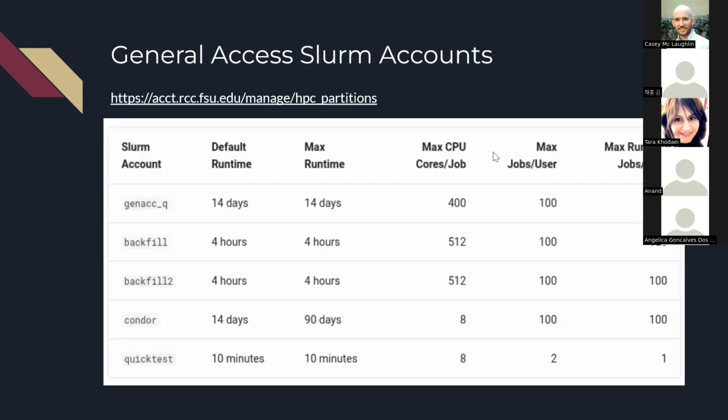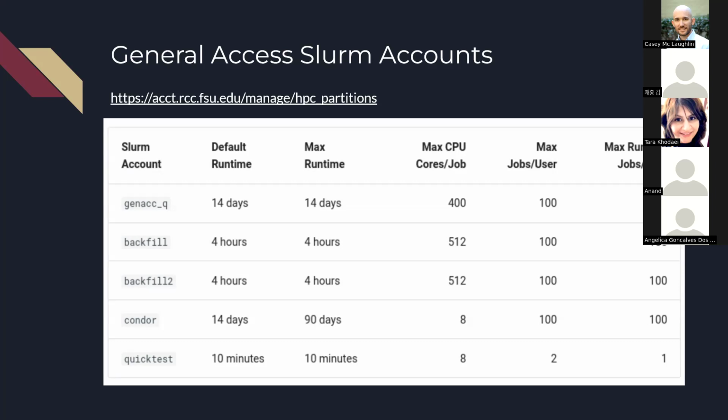All right. So these are general access Slurm accounts. As you can see, they have different run times and different limitations for each. For example, the max CPU cores per job differs amongst those. For general access, we have it limited to our oldest nodes, but the trade-off is that your runtime is 14 days, so you can have it running for 2 weeks.